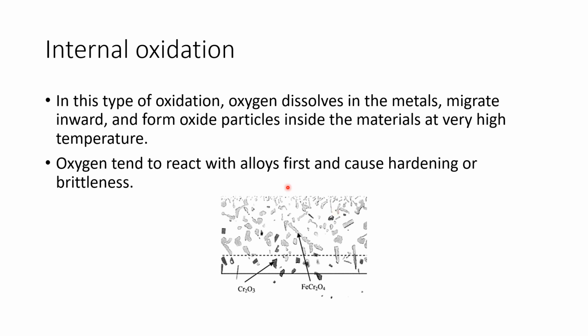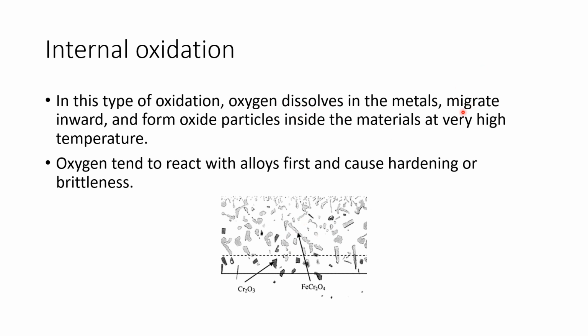Internal oxidation. So that's, again, like the cracking in the steel, happening inside. In this type of oxidation, oxygen can dissolve, right? They dissolve in the metals and then migrate inward and form oxide particles inside of the material, okay?